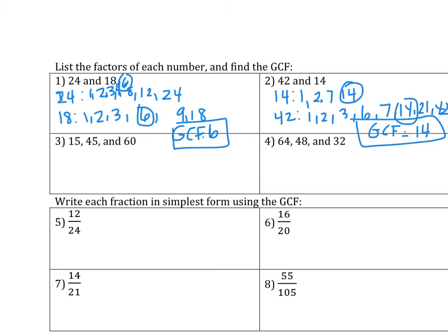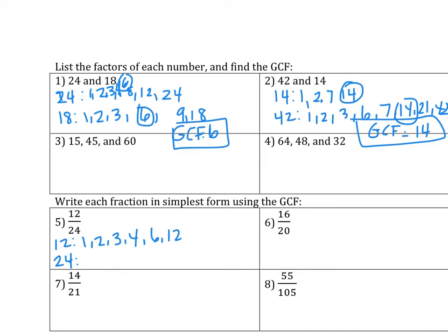Okay, let's go down to number 5. Number 5 is write each fraction in simplest form using the greatest common factor. So 12 and 24. The factors of 12 are going to be 1, 2, 3, 4, 6, and 12.